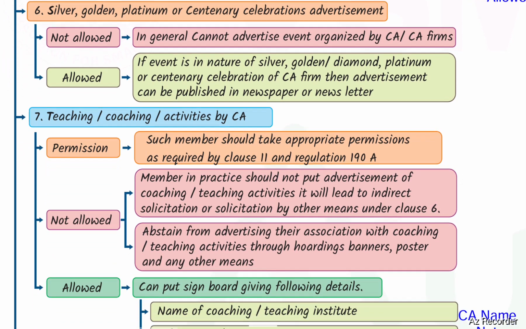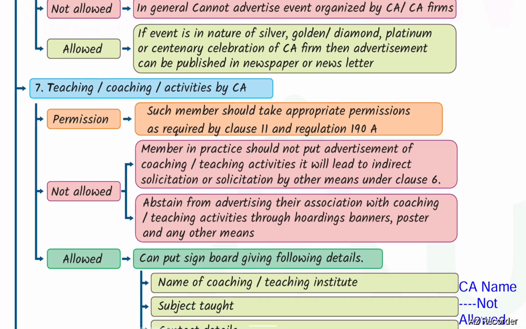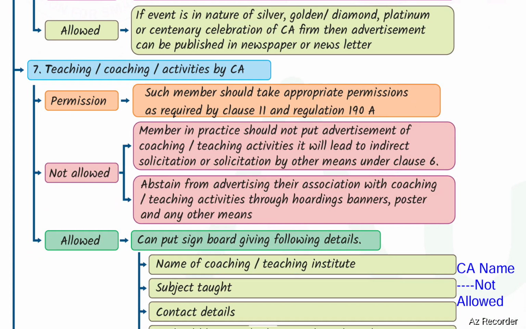Teaching or coaching activities by a CA. Such member shall take appropriate permissions as required by clause number 11 and regulation 190A. A member in practice should not put advertisement of coaching or teaching activities. It will lead to indirect solicitation or solicitation by other means under clause 6.